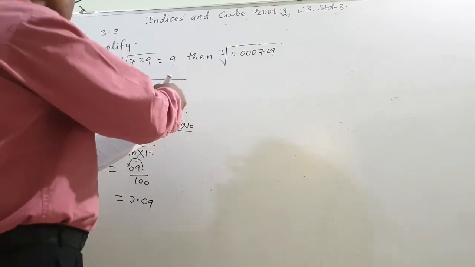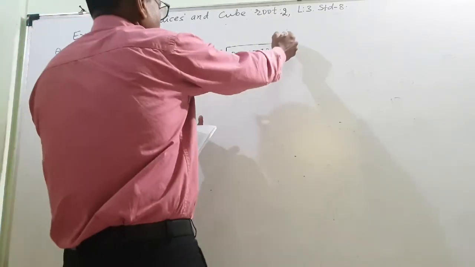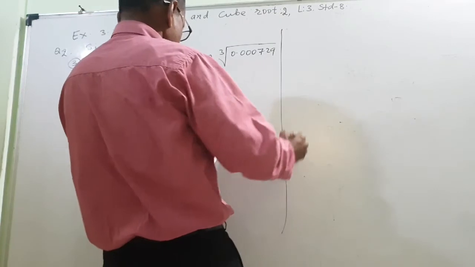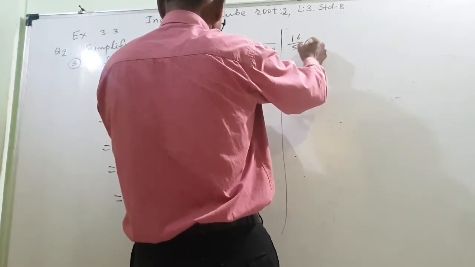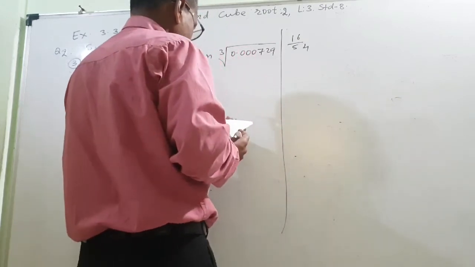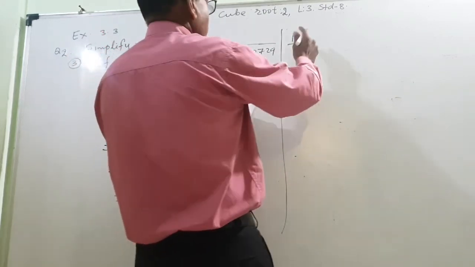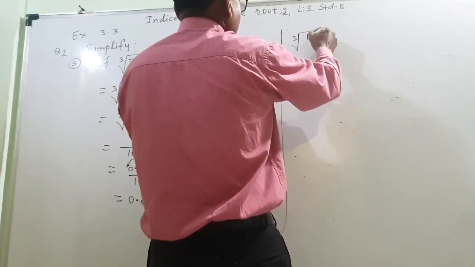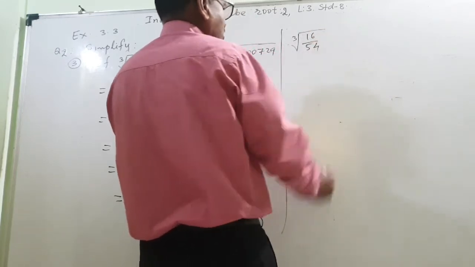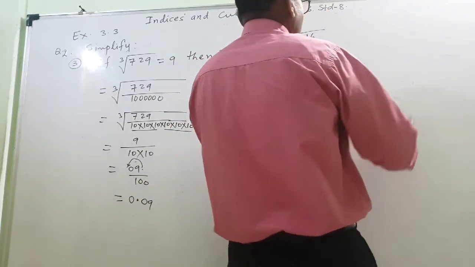Another question I have to solve. There you will get confused. 16 upon 54. Its cube root. I will write here cube root of 16 upon 54. This question is also important for some of the students.